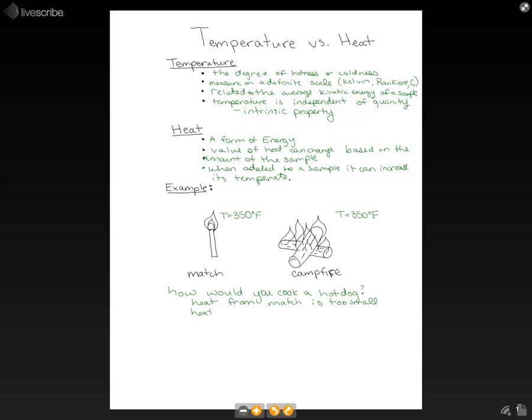The heat from the campfire, however, is sufficient to cook it. So therefore you can see that even with the same temperature, that heat value can vary a lot.